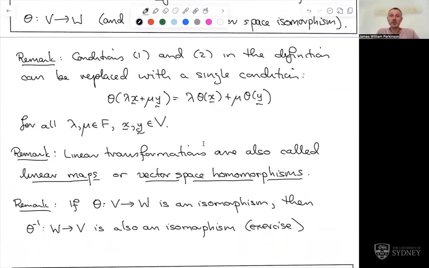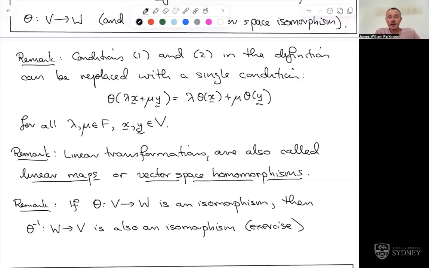That single condition is encapsulating that we preserve both operations, or put another way, we're preserving linear combinations. Linear transformations are also called linear maps for abbreviation, and they're also called vector space homomorphisms. Sometimes I'll call them that, and sometimes I'll call them linear transformations.